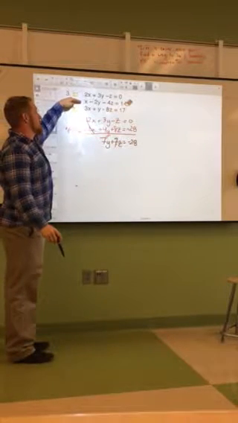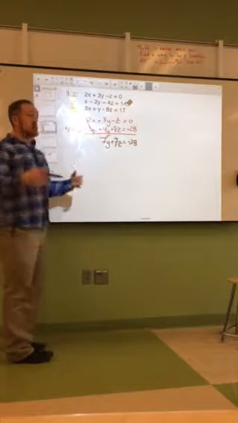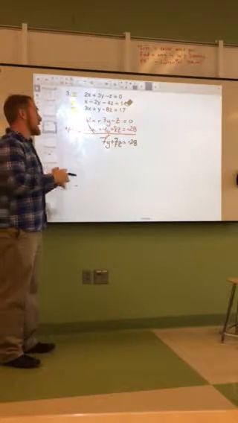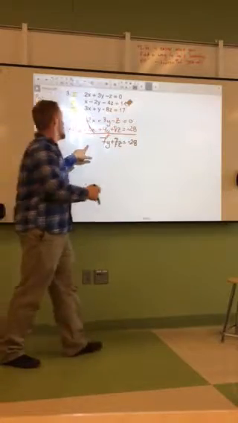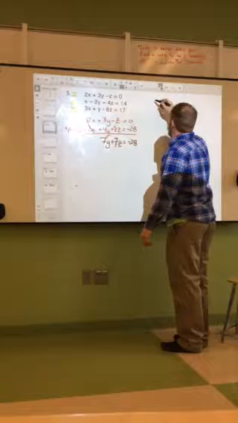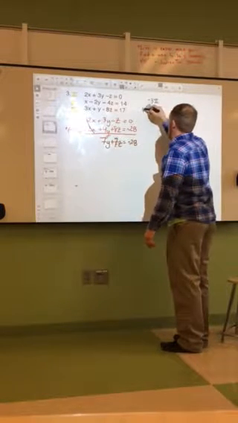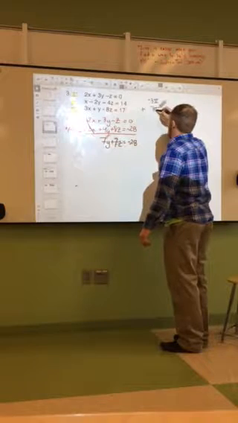I can multiply this by something that'll cancel the x out in equation 3. When I do this second combination, I've got to make sure I cancel the x, because x is what I canceled the first time. So now what I'm going to do is negative 3 times equation 2 and add that to equation 3.